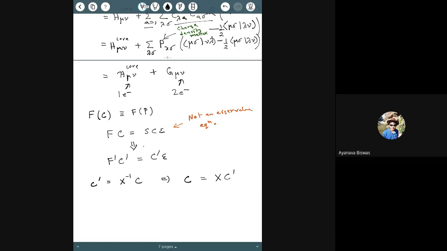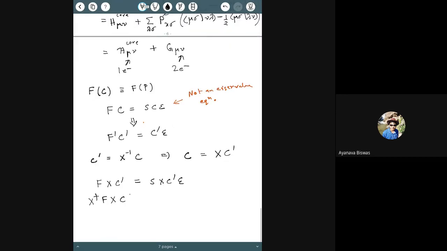So putting c equal to xc prime in our original equation, we have f xc prime equal to s xc prime epsilon. Then we multiply both sides by x dagger. We call this f prime c prime. We have x dagger s x c prime epsilon.